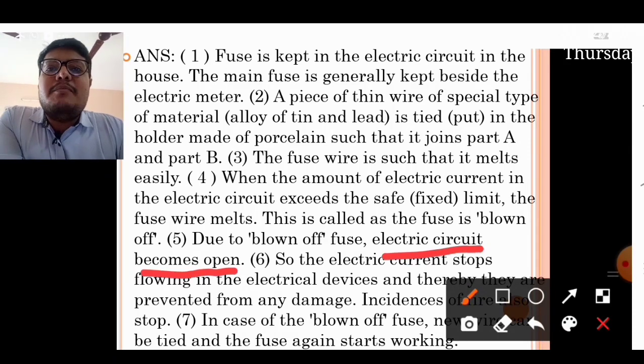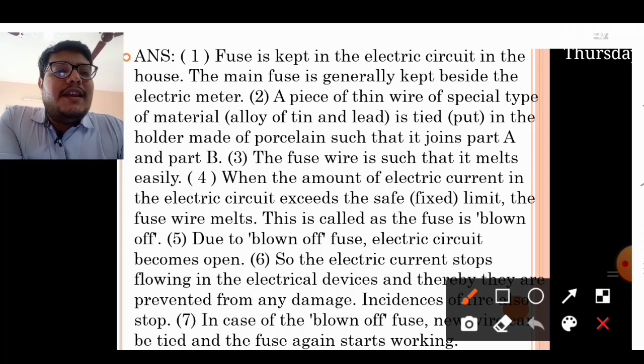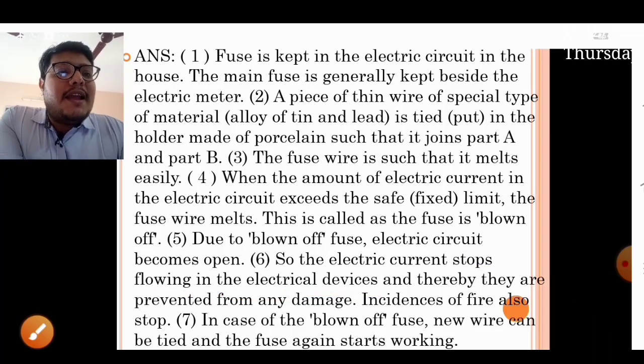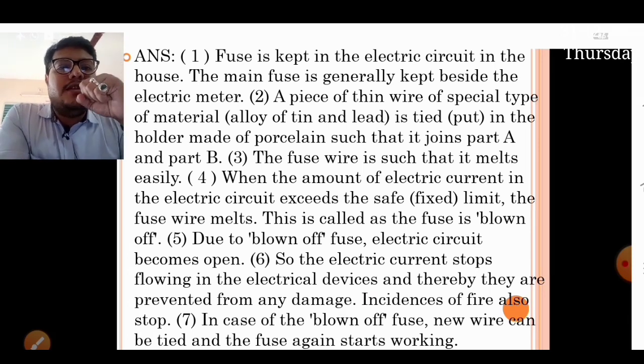When the circuit becomes open, no current will flow inside your house, so the electric current stops flowing to the electric devices in your house. Thereby they are prevented from any damage. All the electric appliances are prevented from damage, and the incidence of fire also stops.